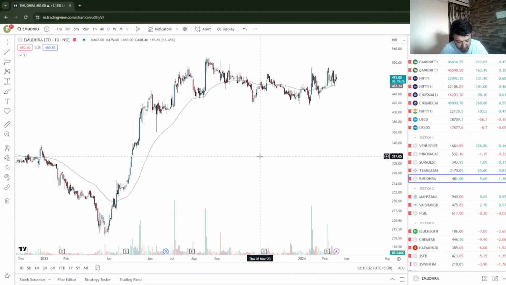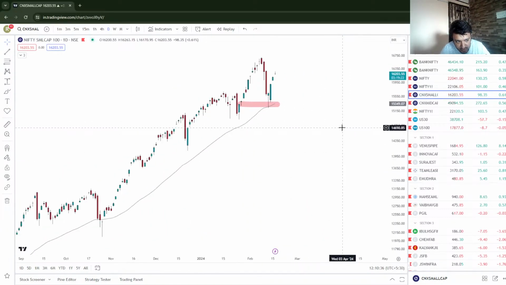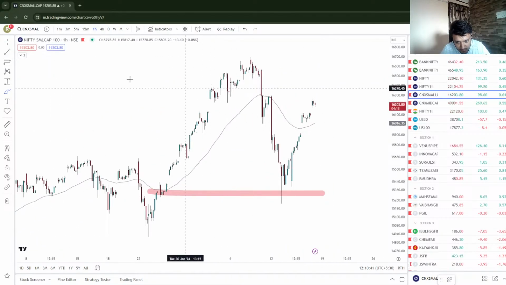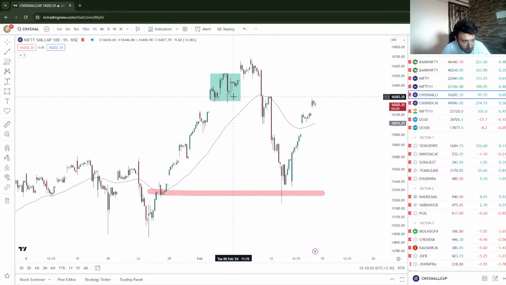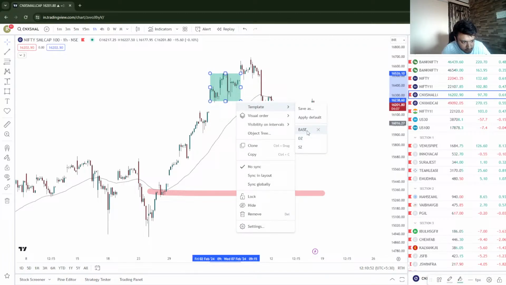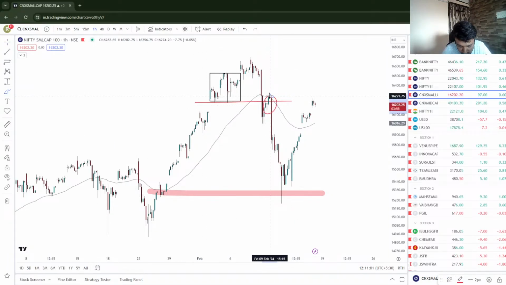If you try to buy a stock when the small cap index, let's look at the hourly, is breaking through previous ranges, or if the small cap index is breaking down and you are trying to buy stocks here, you are bound to fail. So broader market direction is very important, first of all.